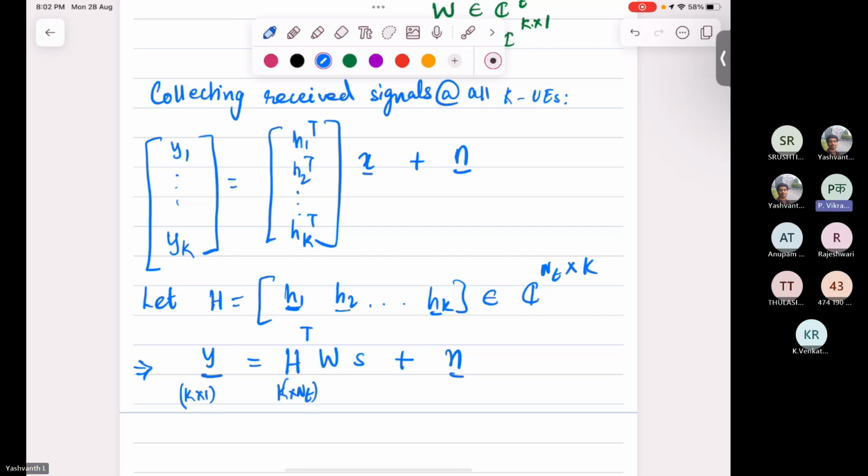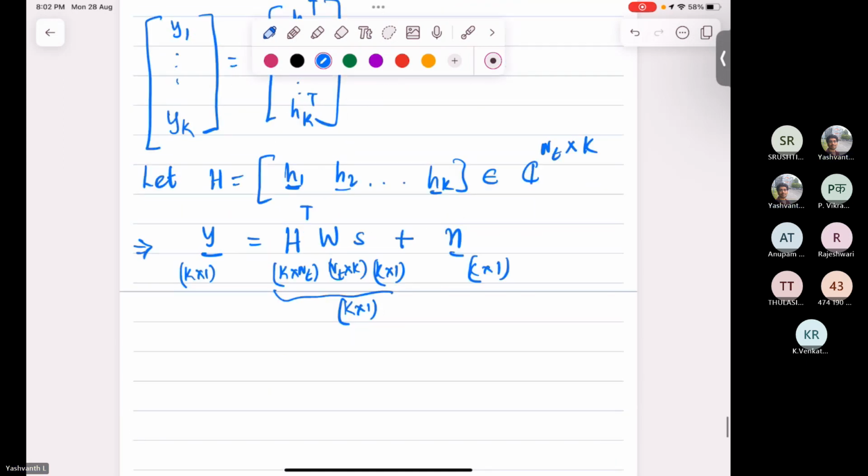Yes, thanks. H transpose is K cross NT, W is NT cross K, S is K cross 1, and N is K cross 1. So totally it is a K cross 1 vector. All vectors are K cross 1 in nature.